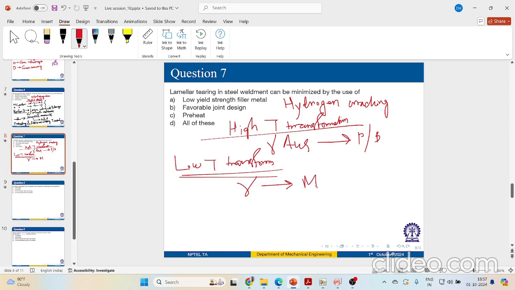After some time, the pressure exceeds the fracture stress of the metal, right? So initially I'll be starting from atomic hydrogen.